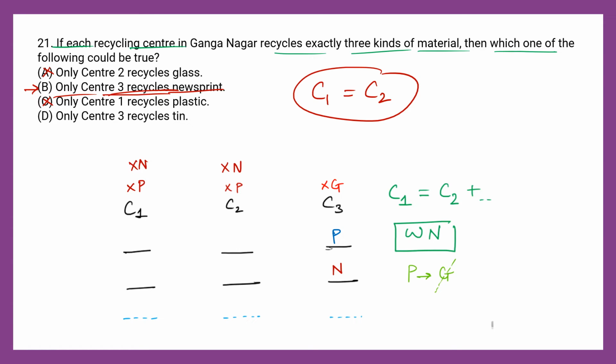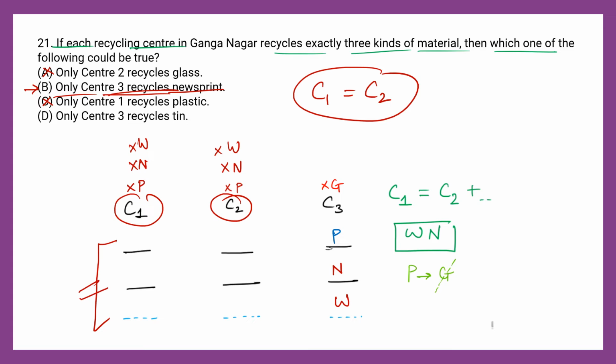But there's an important rule that whenever there is an N, there has to be a W, so you've got to have a W here. Likewise, you cannot have W here, because if you have a W, then you should have the N. Now when you look at C1 and C2, you need to fill 3 positions.